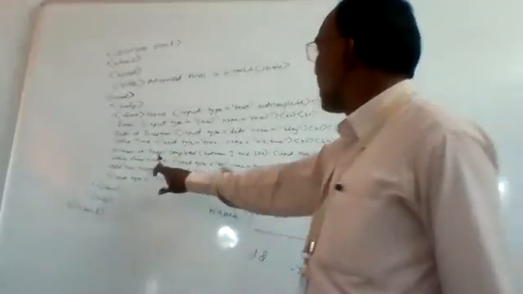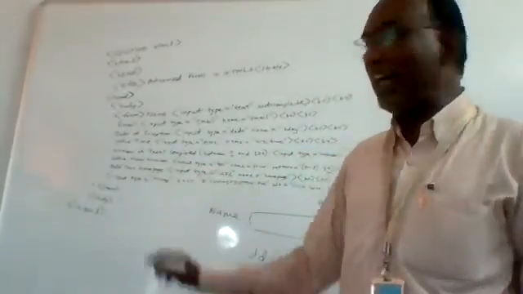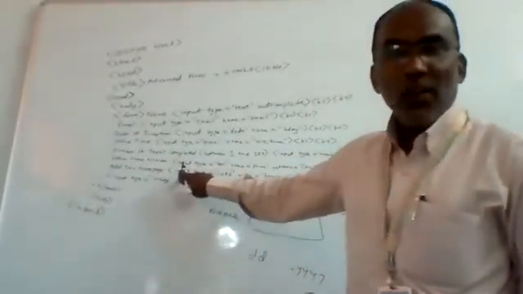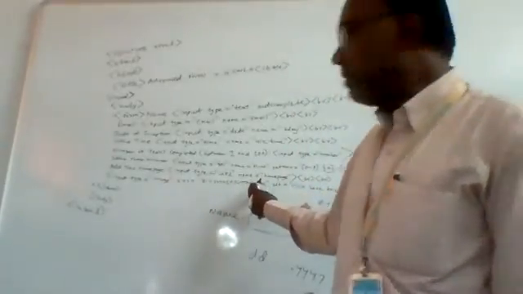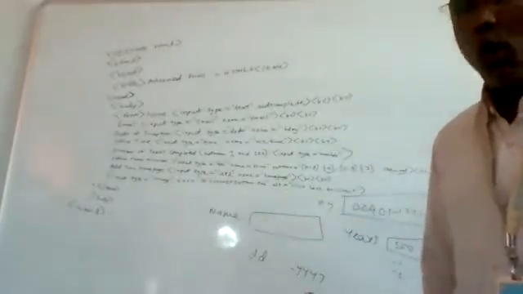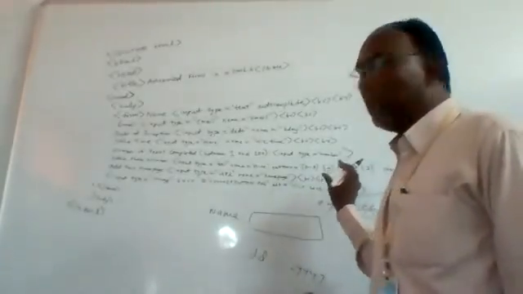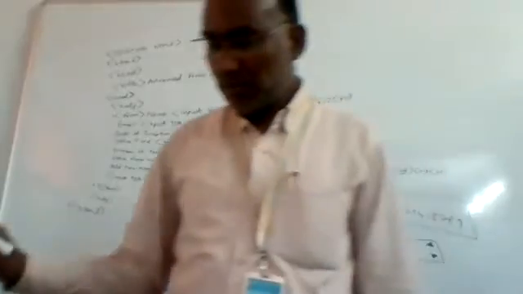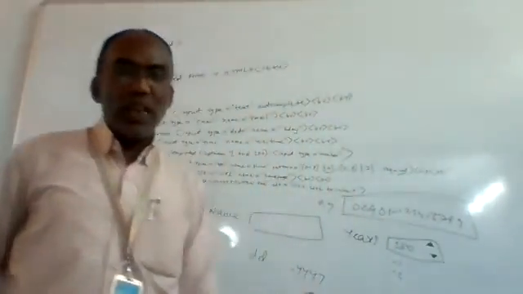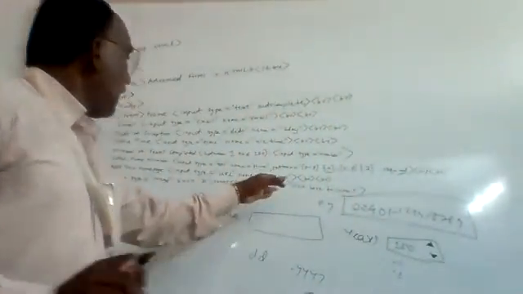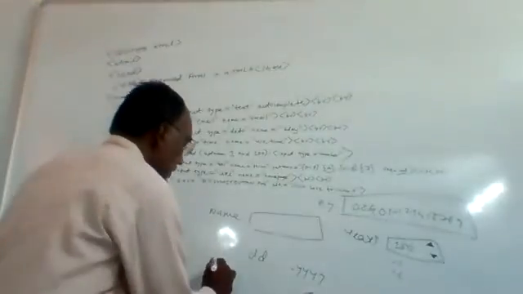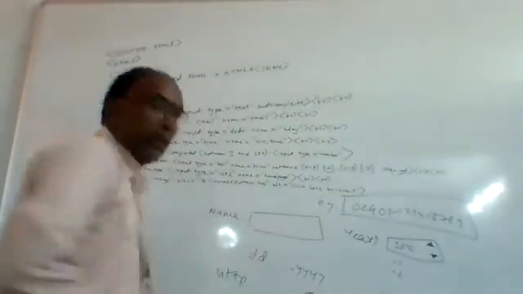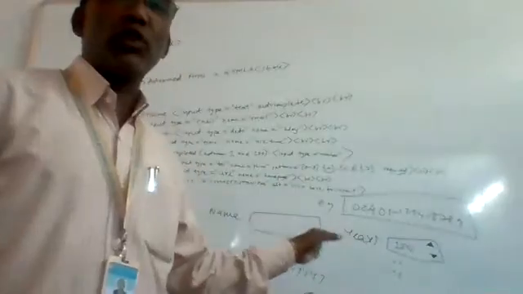Next, add your home page. Input type is equal to URL. Name is equal to homepage, then a BR tag. So it will ask for a home page. Here we can apply any URL, uniform resource locator.